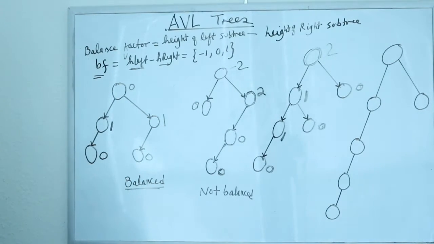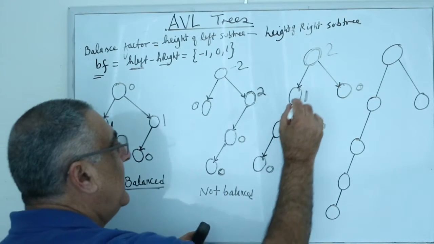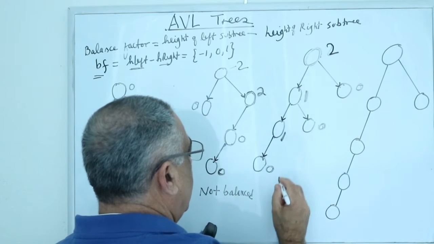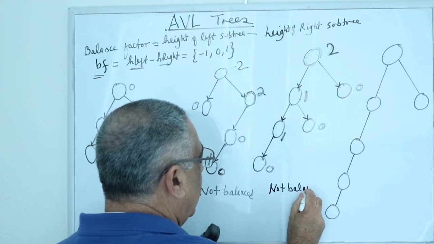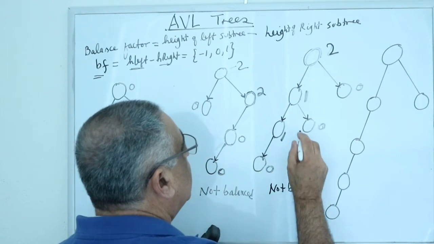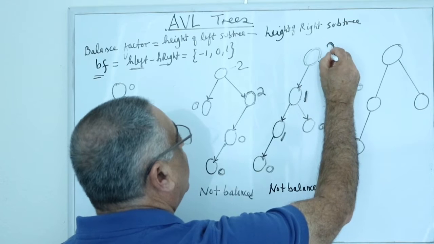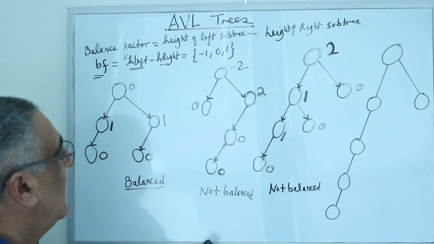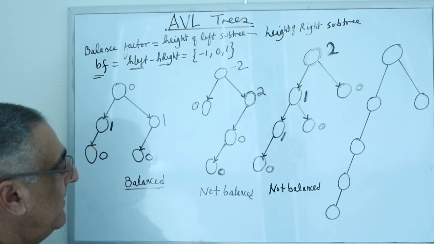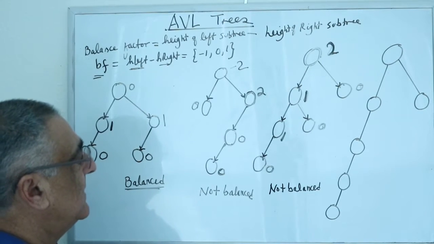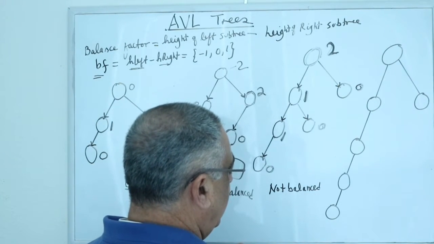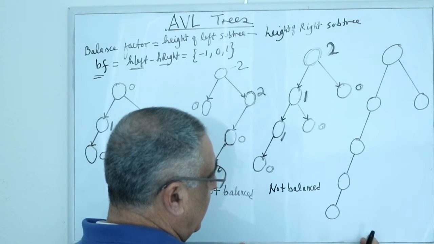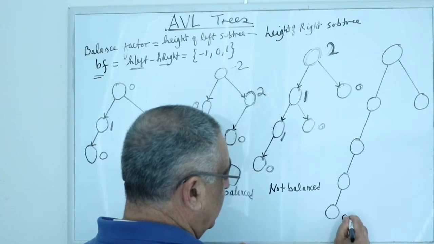So definitely this AVL tree is not balanced, as you can see because of the balance factor. Okay, so this is how you compute the balance factor. Let's look at this subtree here. The left subtree and right subtree are 0, so 0 minus 0 is 0.